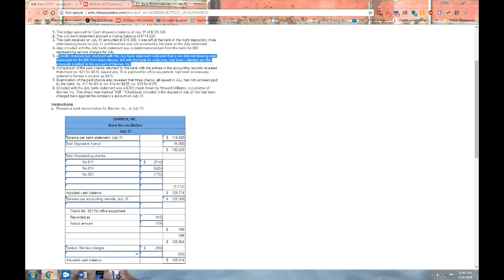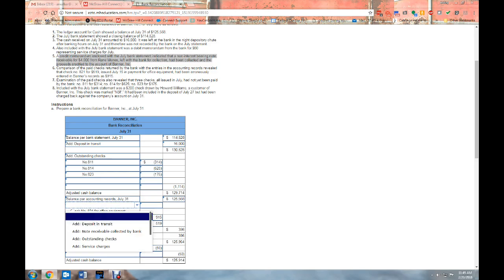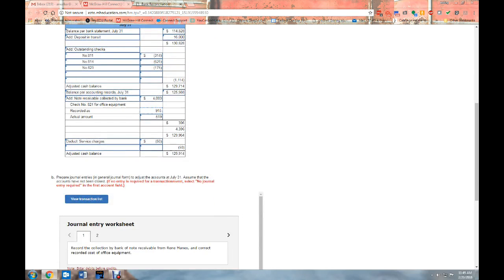So since it was left with the bank, they would have known about it, but we don't. So our records need to be adjusted. So we go up into Connect, and we see that we need to add that note receivable. And it's going to increase our balance, so that's going to be a positive $4,000.